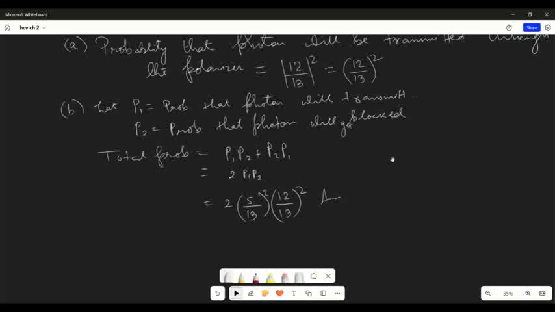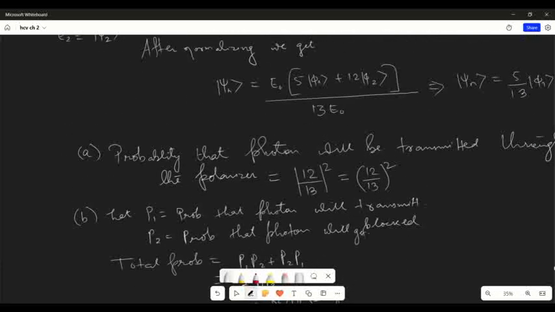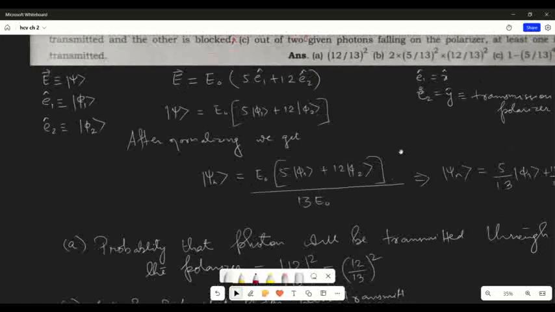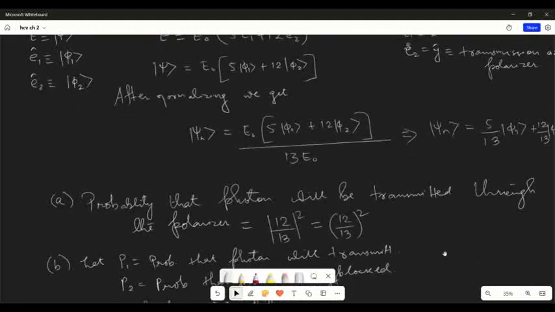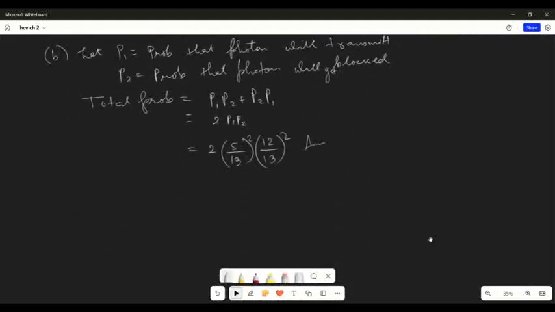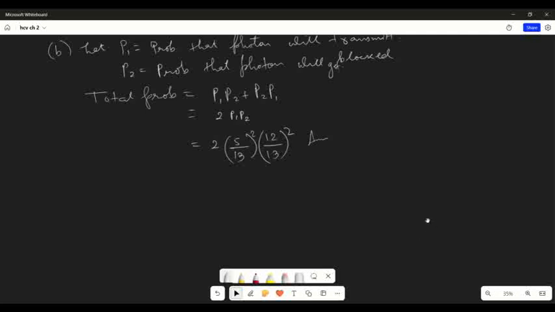And in the third part of the question, we have to calculate that out of two given photons falling on the polarizer, at least one will be transmitted. So in part C, if two photons are falling on the polarizer, we have to calculate the probability that at least one of them gets transmitted.